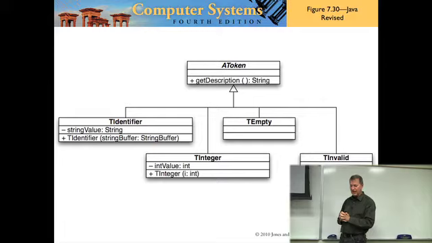Does it have any attributes? No attributes. What methods does it have? Get description, which returns a string. So every concrete token that is a subclass of abstract token implements its own version of get description.